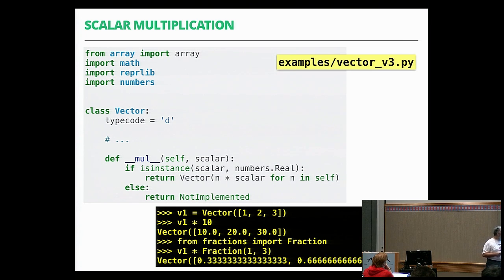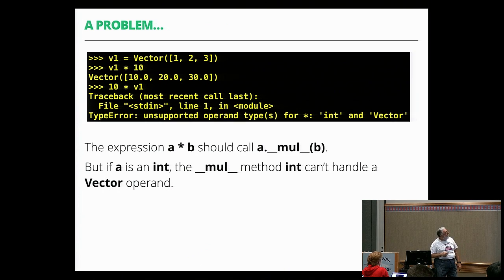This is a special singleton object, just like None. It's a special singleton object that was invented just to signify that a certain operator method doesn't know how to handle its operand. And why isn't it an exception? We are going to talk about that shortly.